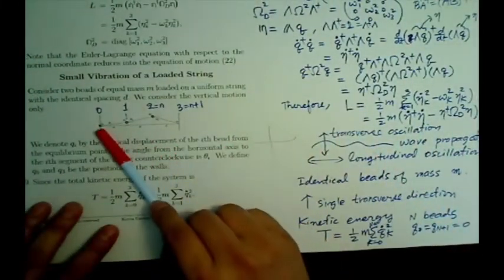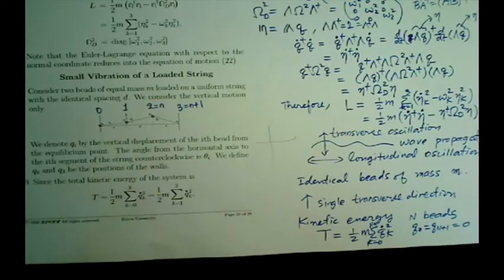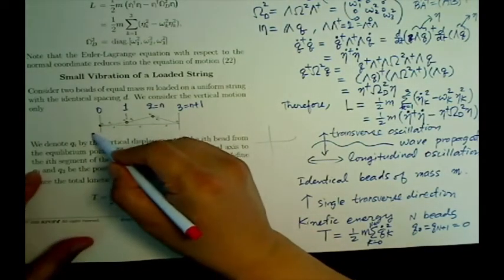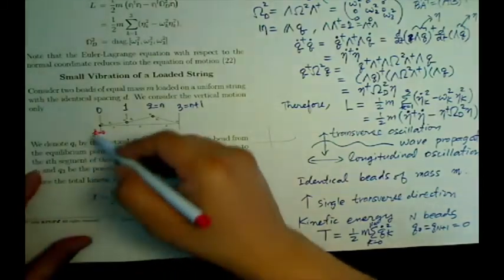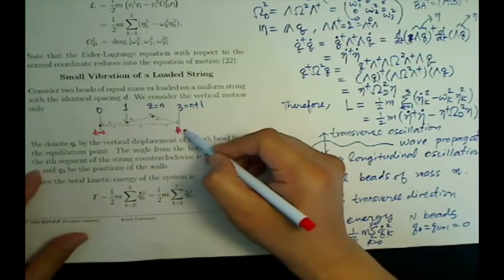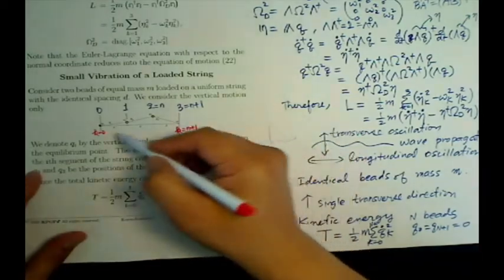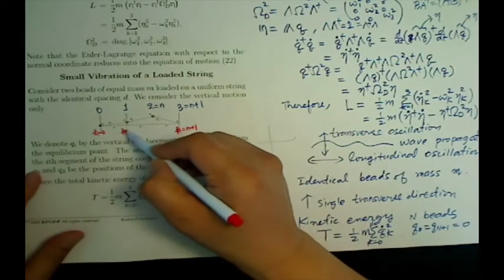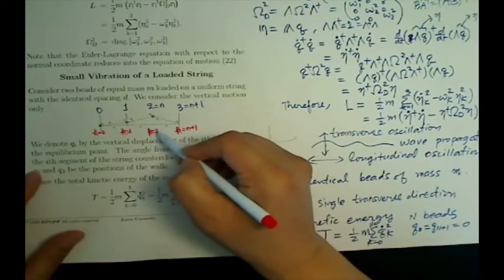Remember the identifier k equals 0 and k equals 3, that is n plus 1, and k equals 1, k equals 2, and so on.